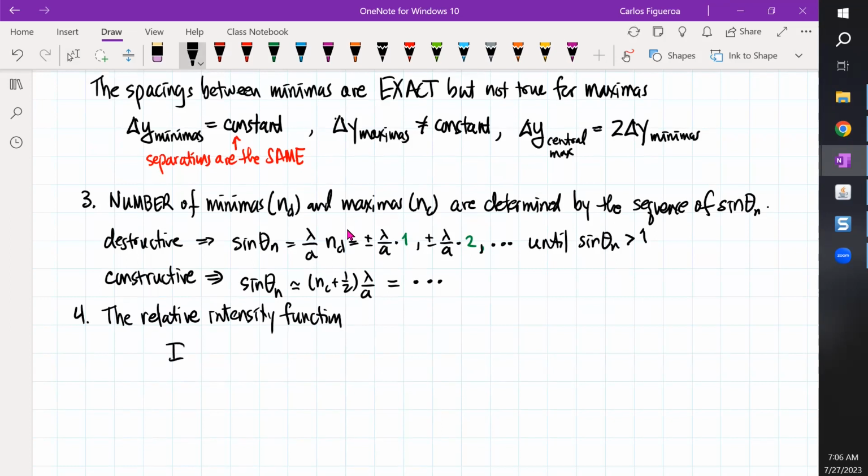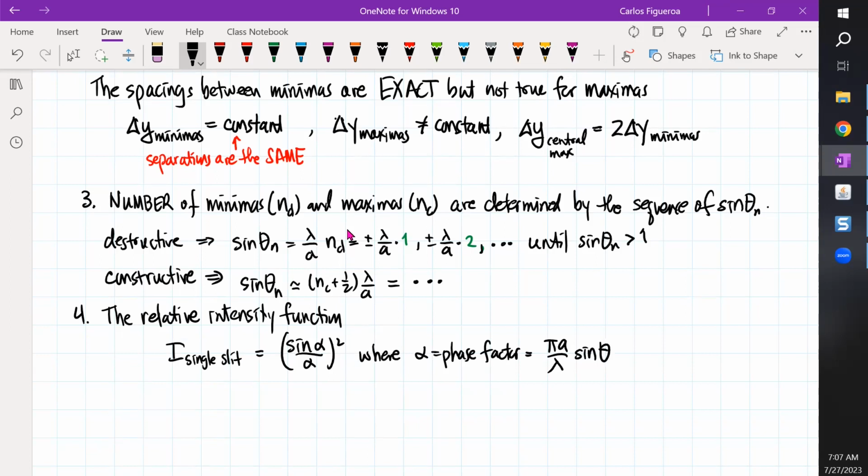So the intensity of a single slit is equal to sine of alpha over alpha squared, where alpha is also a phase factor that now reads pi a over lambda sine of theta.